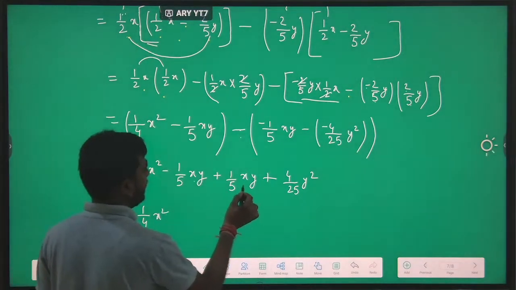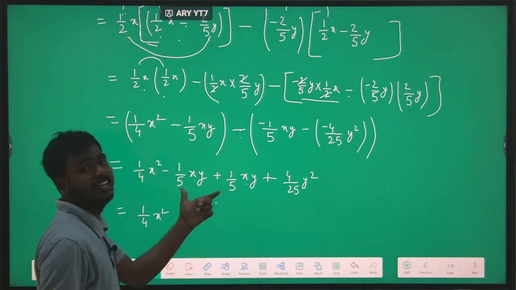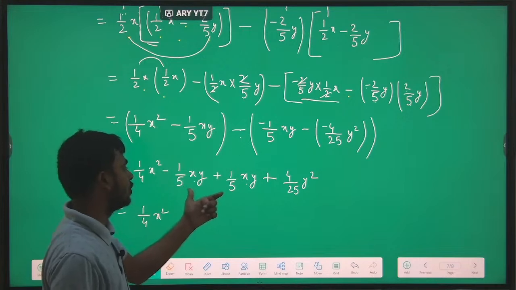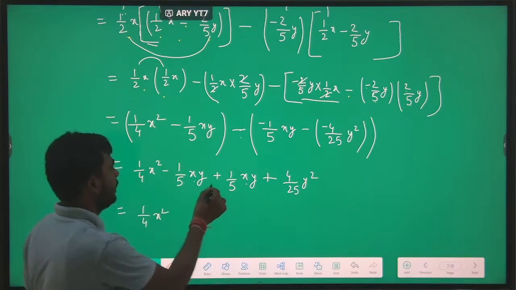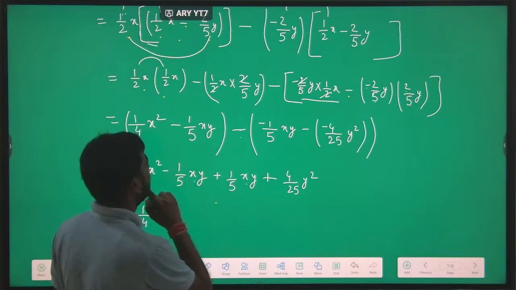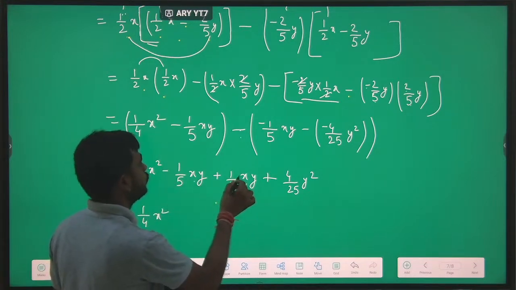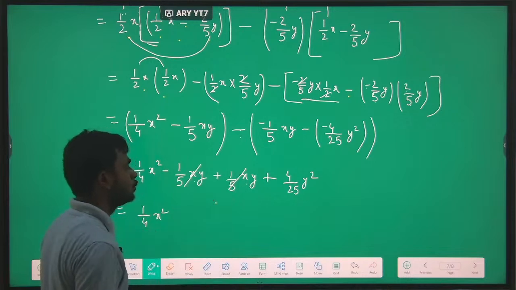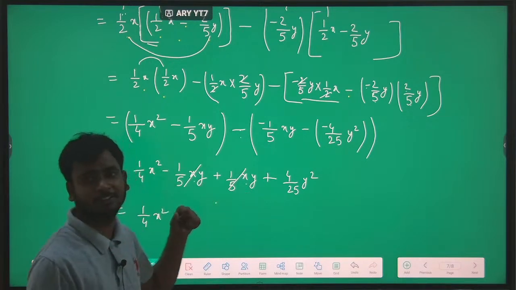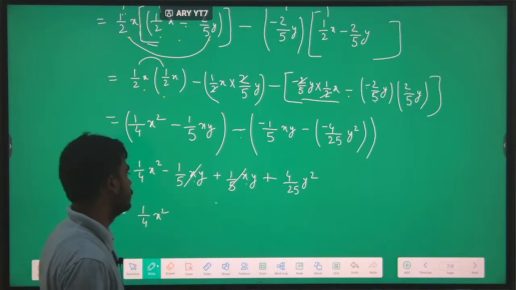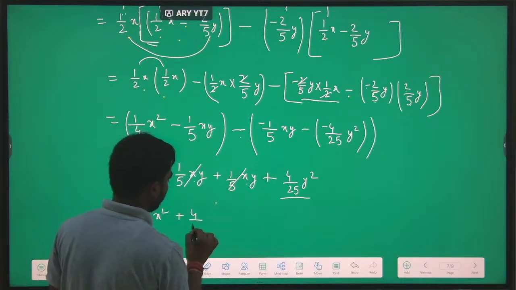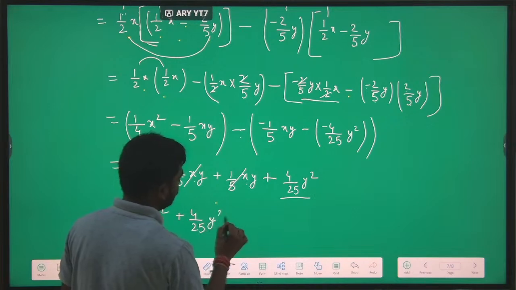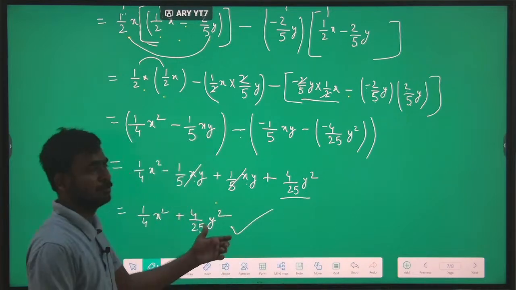Here it is xy, here it is xy. We are getting like terms. So we will add or subtract these like terms as and when required. Here 1 by 5xy, here it is minus 1 by 5xy. This 2 minus 2 we know is 0. So 1 by 5xy minus 1 by 5xy will be 0. So what we get is only plus 4 by 25 y square. So this will be the answer.